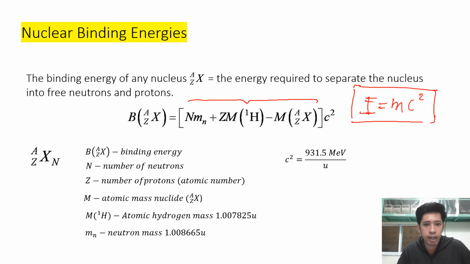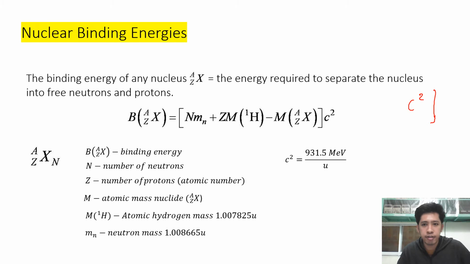In a simpler way, you can actually rewrite this equation. We can write it in a simpler manner. So we have your binding energy B. Let's just write it as your EB. You can use this one also. I usually use this one.